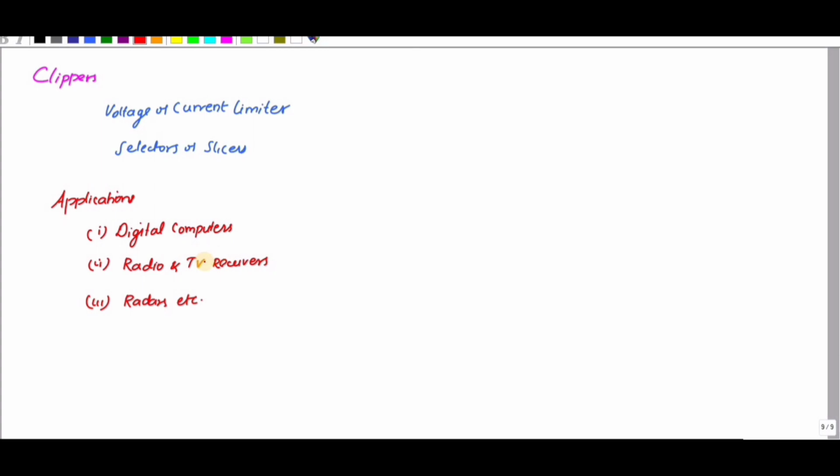The main component used in the clipper is the diode, which we know is used for rectification, and a resistor. You know the purpose of the resistor, right?